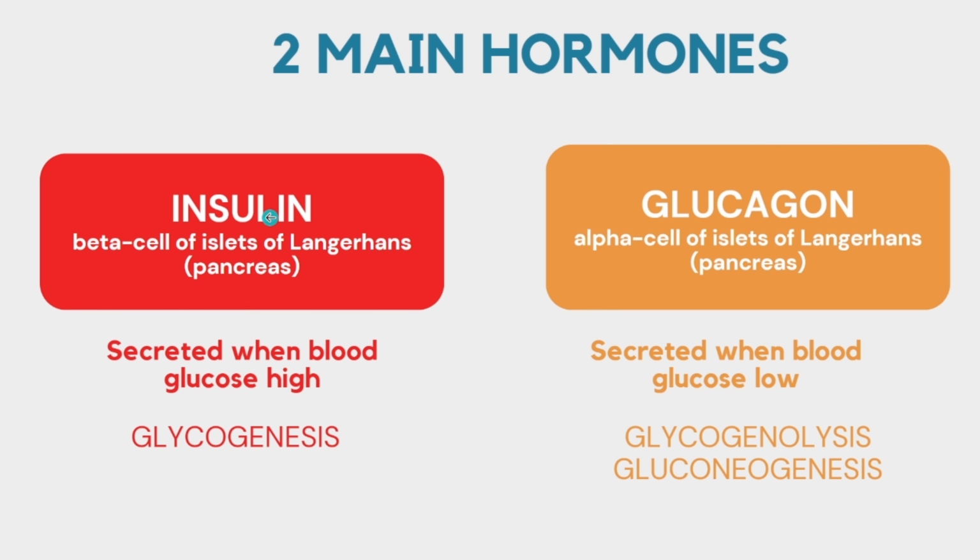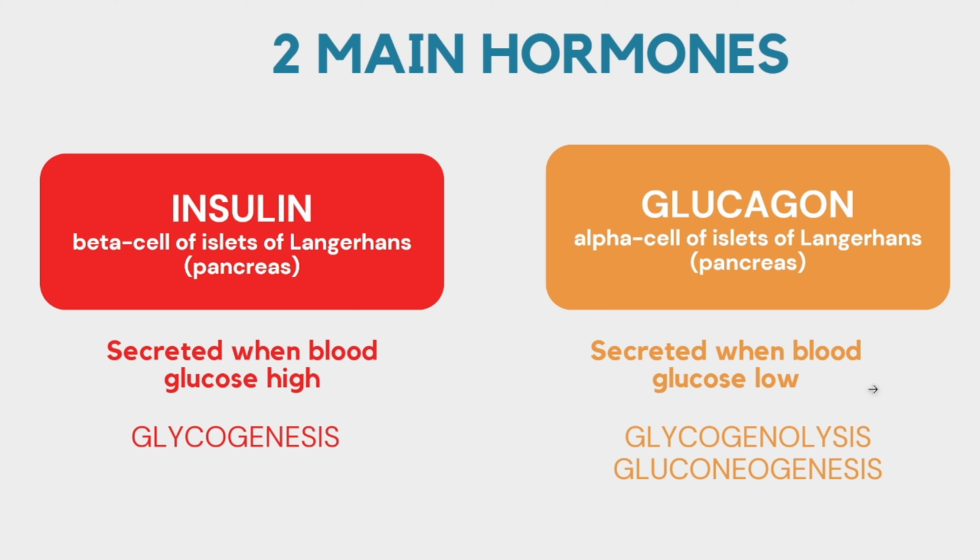In SPM, you learned insulin is secreted when the blood glucose level is very high. Glucagon is secreted when your blood glucose level is very low. Insulin will convert glucose into glycogen. Glucagon will convert glycogen into glucose.